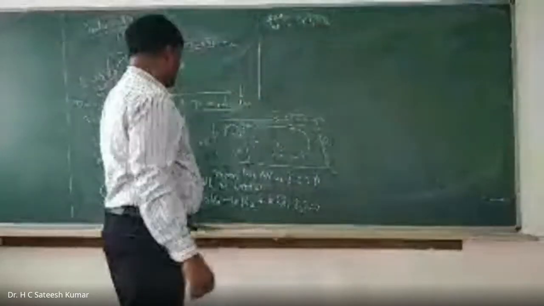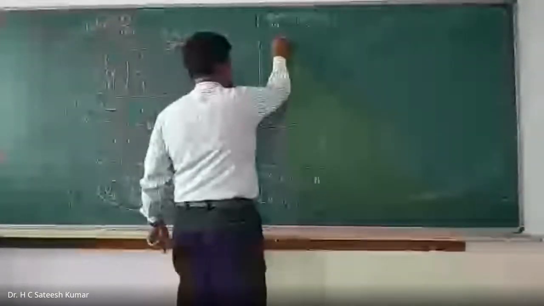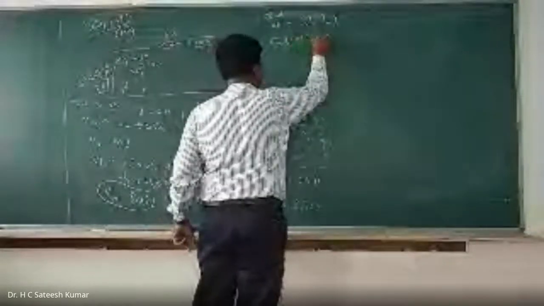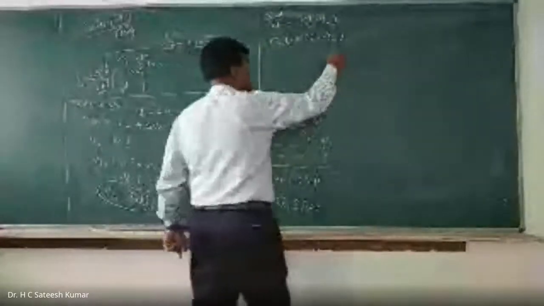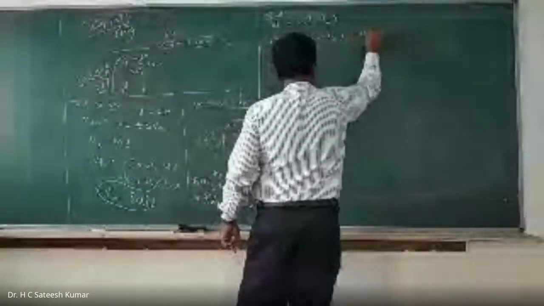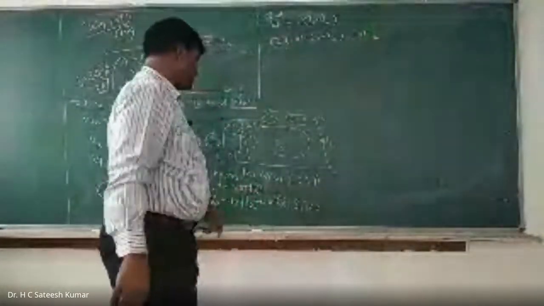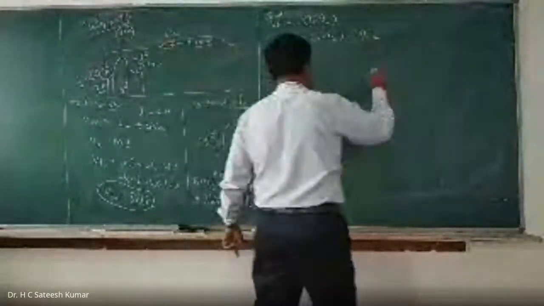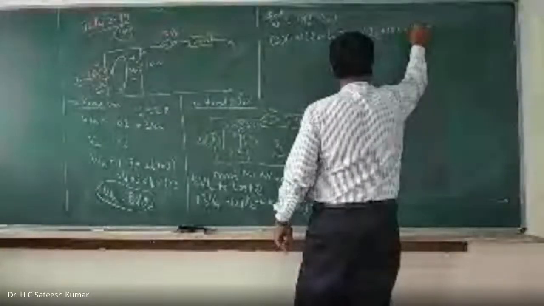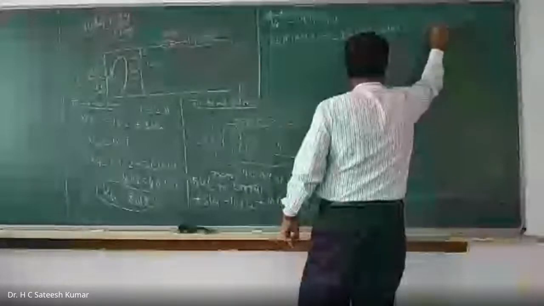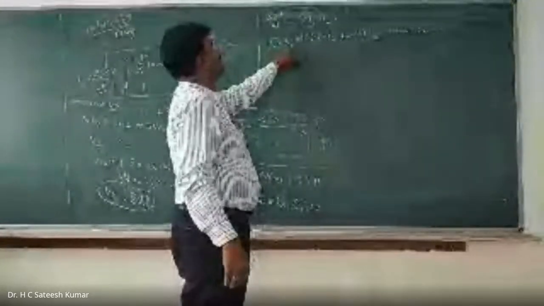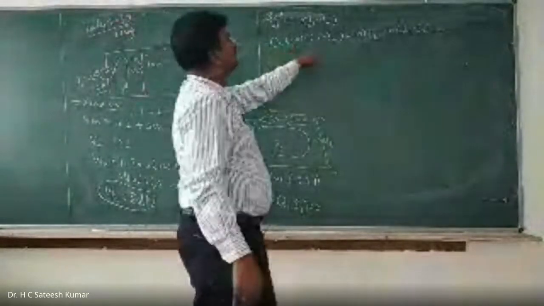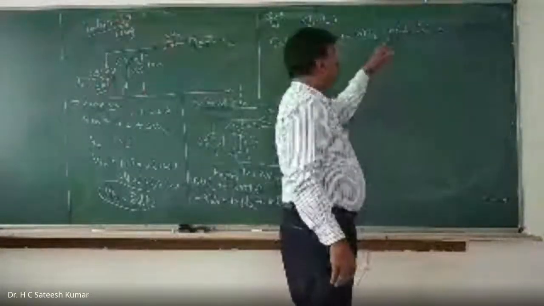So we can write 3 into 10 into I1 minus I2, minus 10J into I2, plus 10 into I1 minus I2, is equal to 0. Now you can write 3 into 10, 30 I1 plus 10, 40 I1.